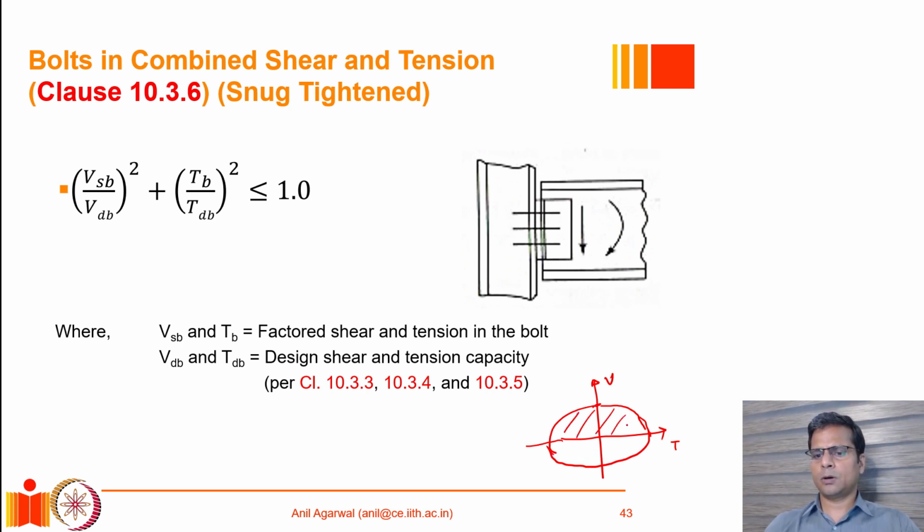Everything under or inside this ellipse will be safe. At the boundary, the limit state of strength under a combined tension and shear condition is reached. So that is this equation. This equation can be used to calculate the combined tension and shear capacity of a bolt.